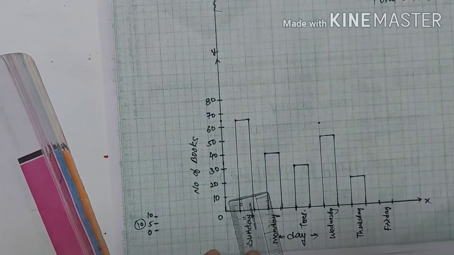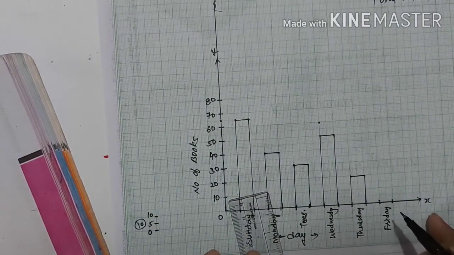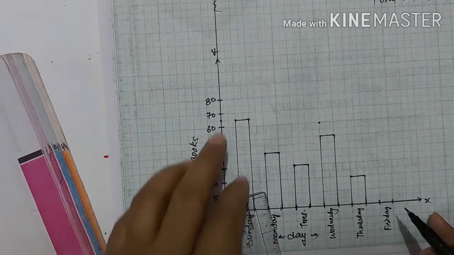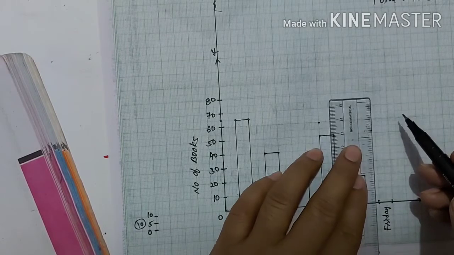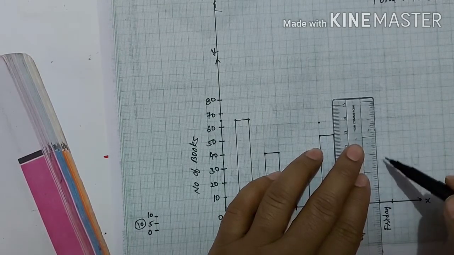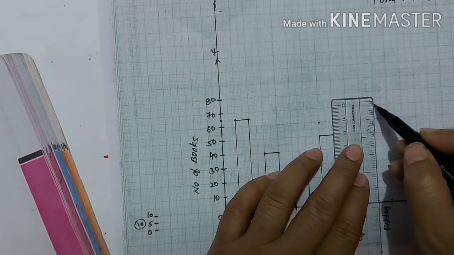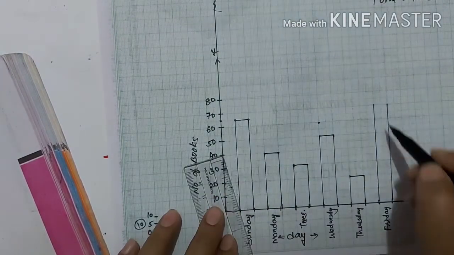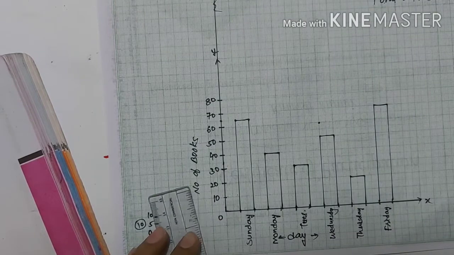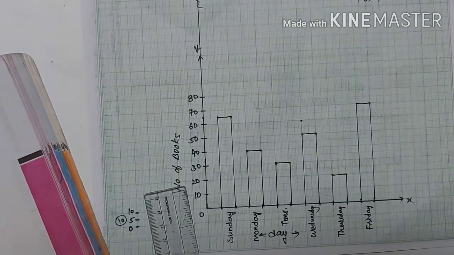And third is 70. Friday will be 70. Where is the 70? This is the point of 70, and counting 1 2 3 4 5 6 7 blocks will be 70. Okay, complete the bar graph.